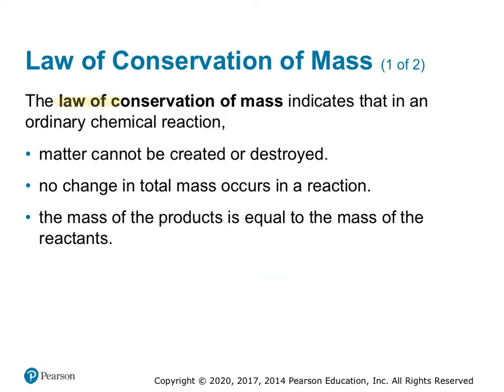The law of conservation of mass indicates that in an ordinary chemical reaction, and by ordinary we mean an everyday chemical reaction, such as the ones we would see in the lab or that happen every day. The difference would be if there was by chance some sort of nuclear reaction, the law of conservation of mass doesn't apply.